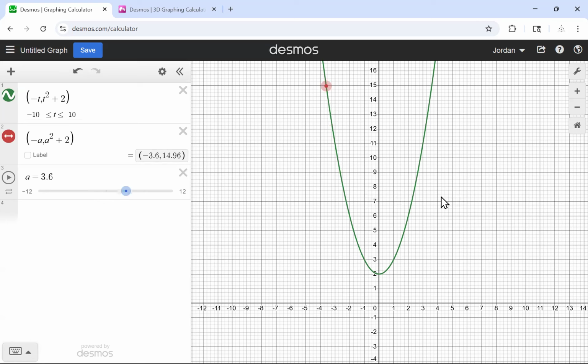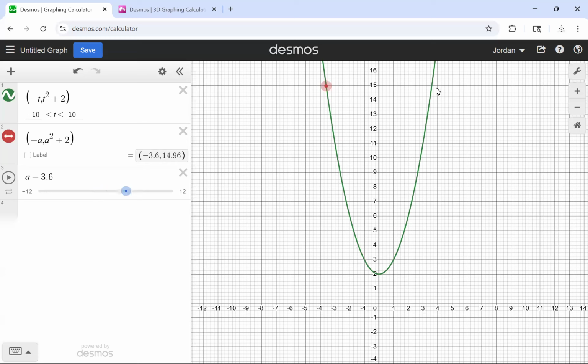Now, all we are going to do in this case is say the orientation is that the point is always moving towards the left. As t increases, or like I said, I use the slider a, as a increases, we are moving towards the left. And that's what I would write for my orientation.